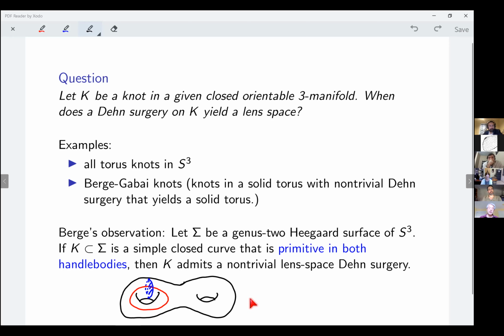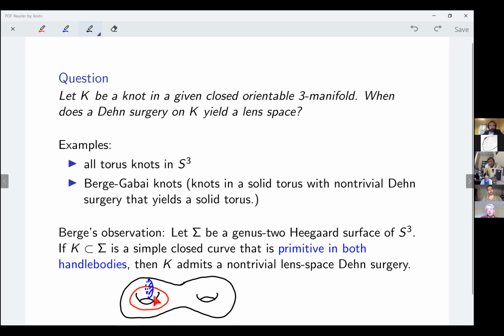So if this curve is primitive in both handlebodies, then if you do a Dehn surgery and set the slope to be the same slope of this surface, because if you do a Dehn surgery, you add a 2-handle.